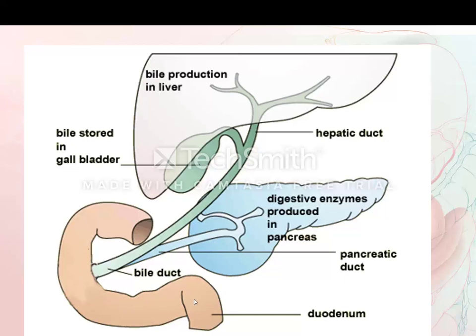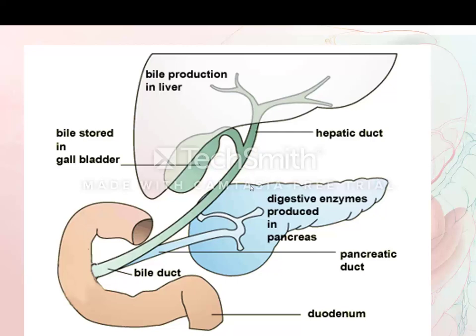Now remember we said if food passes through it, it's part of the alimentary canal. If it just aids in digestion without the food coming into contact with it, it is an accessory organ. So if you pretend that the stomach was drawn into this diagram, then food is passing from the stomach into the small intestine.